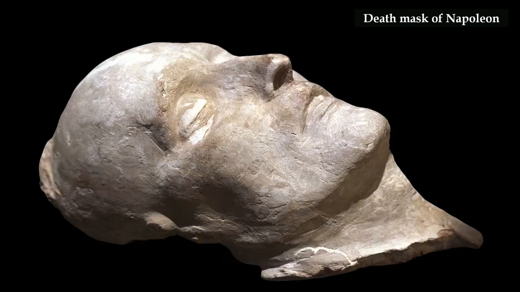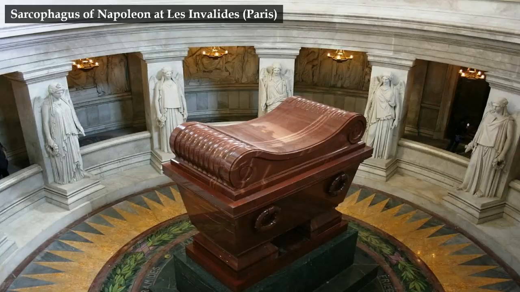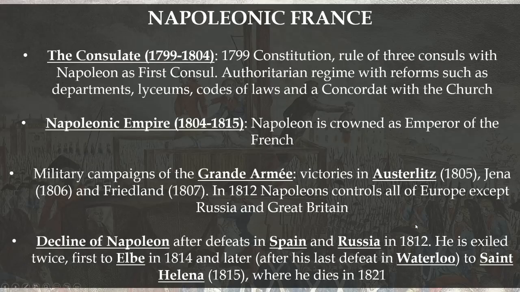And there he was a prisoner of the British until he died in 1821. Several decades later, his bones were brought back to France, and now he rests in Les Invalides in Paris.